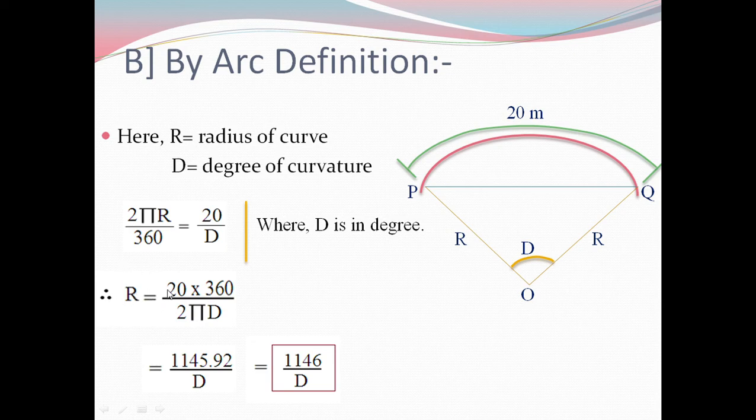Therefore R is equal to 20 into 360 divided by 2 pi D. So R is equal to 1146 divided by D. This is by the arc definition.